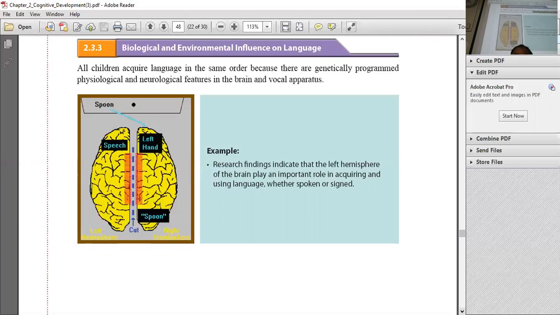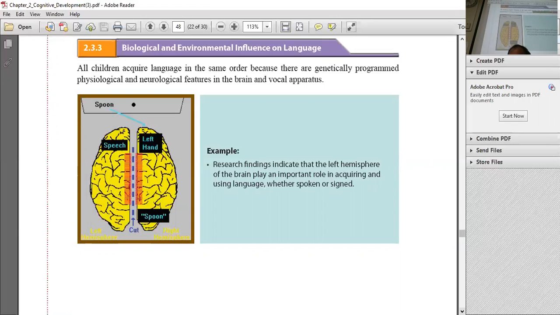So as you see, they indicate that the left hemisphere of the brain plays an important role in the language aspect. When we're learning language, when we're playing with words, our left brain is very active. So when you read, you are activating the left part of the brain. It's important. And well, this is just an idea, but how has it been verified?